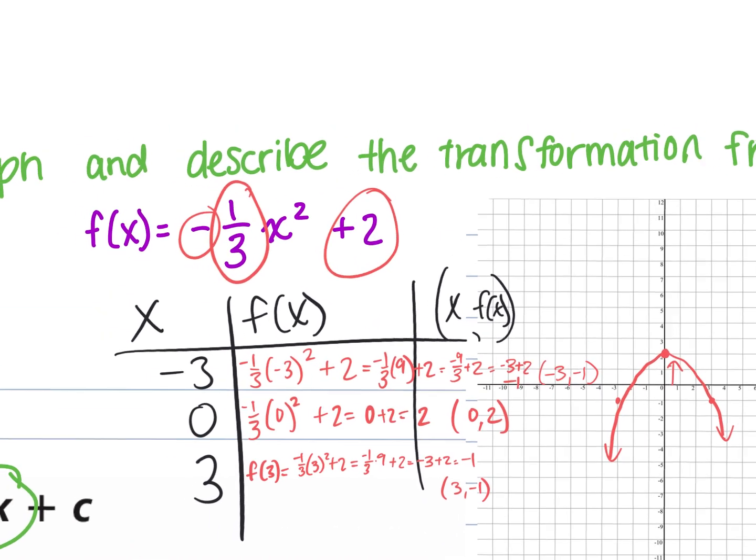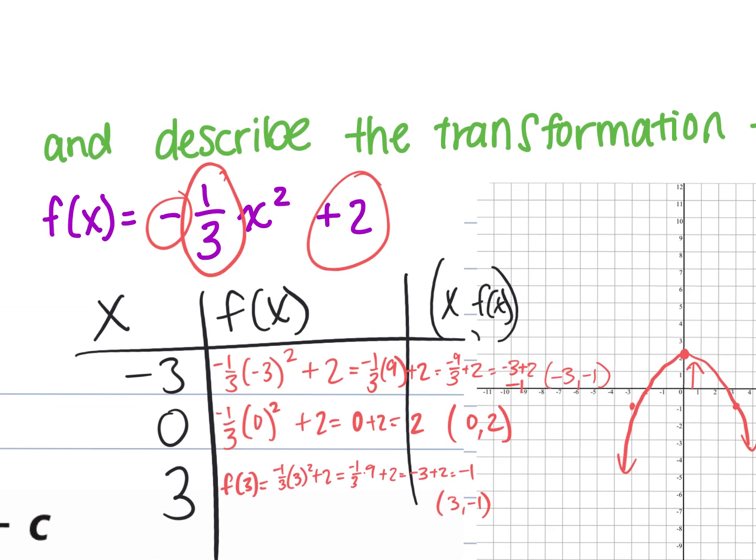Okay. So the negative was what? What did that negative sign do? Not a shrink. Yeah, it made it flip upside down, right? What do we call that? What transformation? It's a reflection. Very good. So there was a reflection. Okay. Now we move on to the 1/3. What was the 1/3 doing?